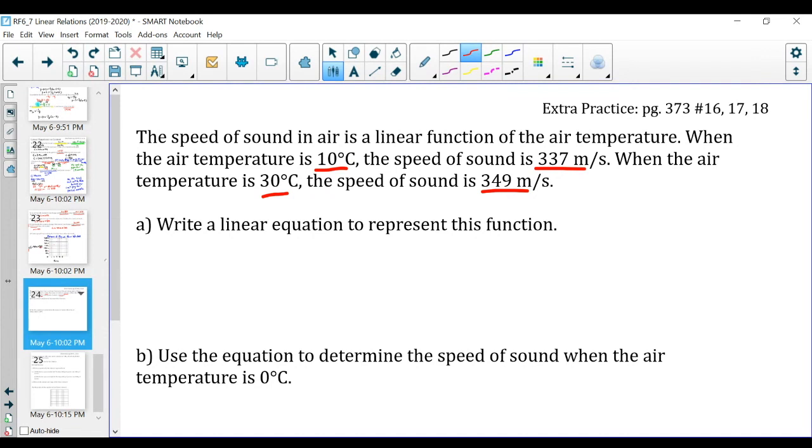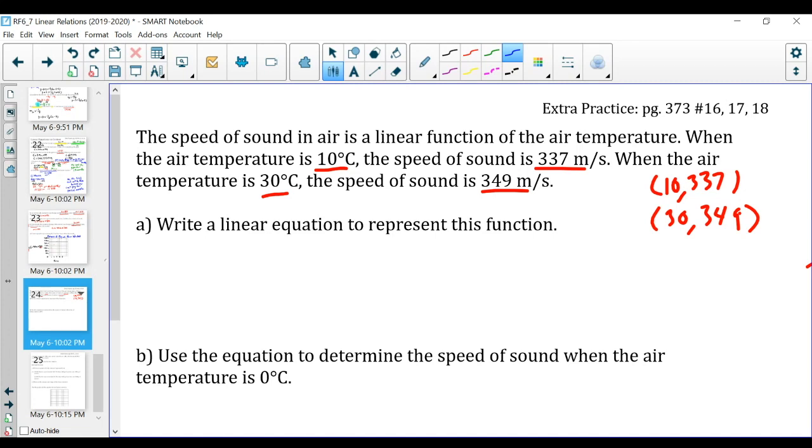So we can actually come up with two data points here. The first one being 10, 337. And your second point being 30, 349. So you can figure out what our slope is between those 2 points, because we do need that to come up with a linear equation.